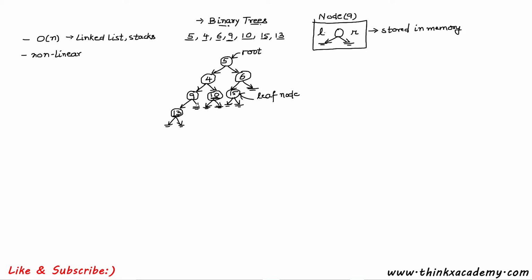Now let's come to the very important part, which is the height and depth of the tree. The height and depth of the tree is very important because it will help us evaluate the time complexity of different operations in a binary tree. So let's first come to the topic of the height of the tree.